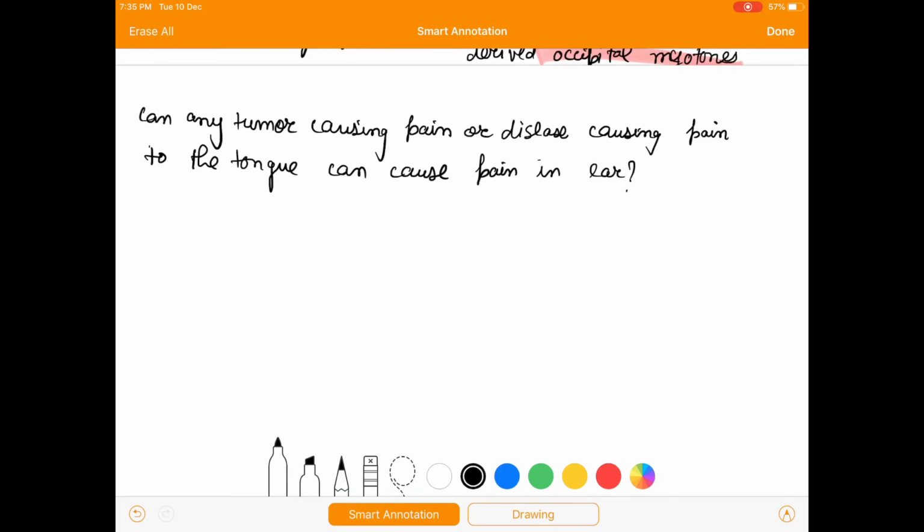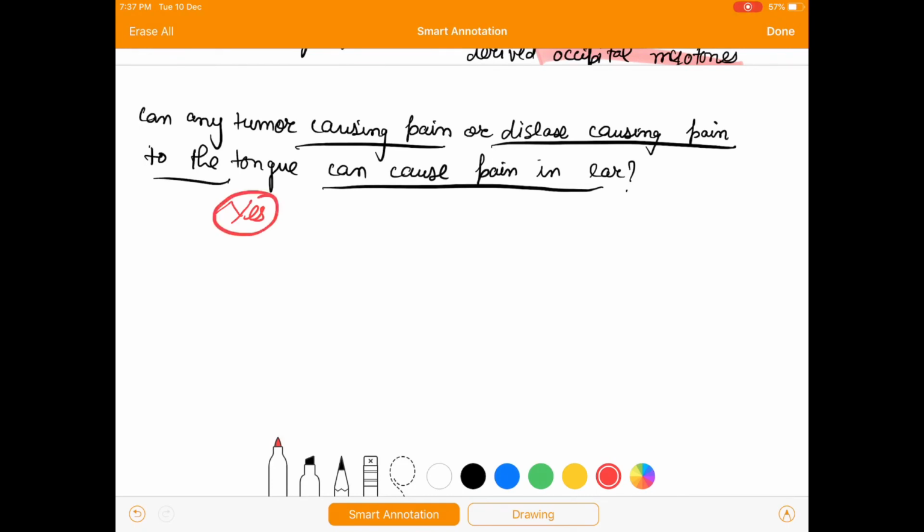Can any tumor or disease causing pain to the tongue cause pain to the ear? The answer is yes. Yes, it can. It can cause pain in the ear if it is causing pain to the tongue.